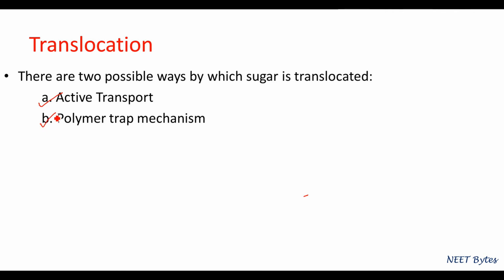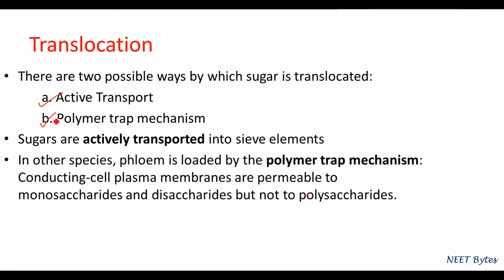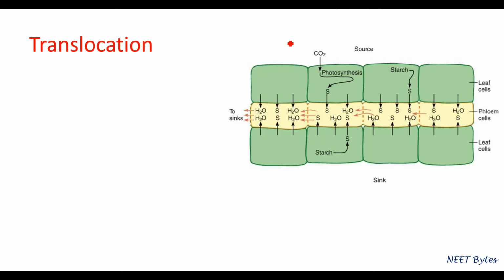Here the conducting cell plasma membranes are permeable to monosaccharides and disaccharides, but not to polysaccharides. Simple sugars merely diffuse into the conducting cells, and eventually they are polymerized into polysaccharides so that they cannot diffuse back out. That is how it works.